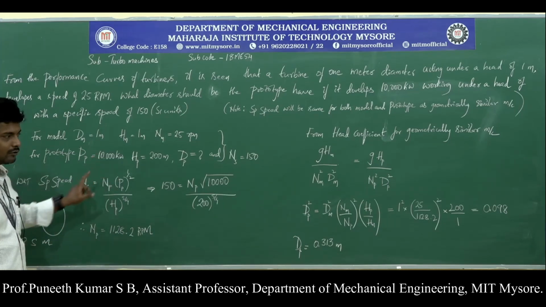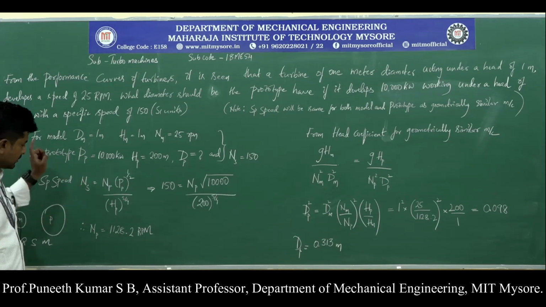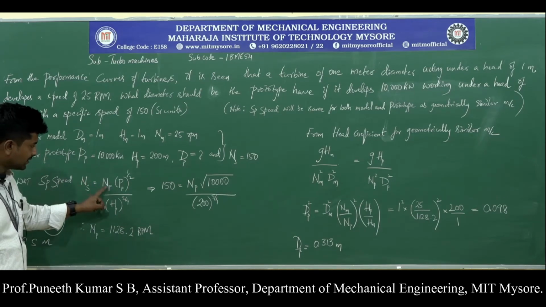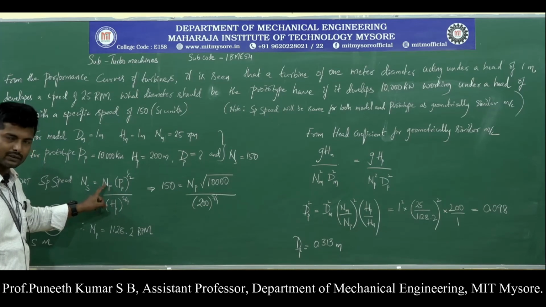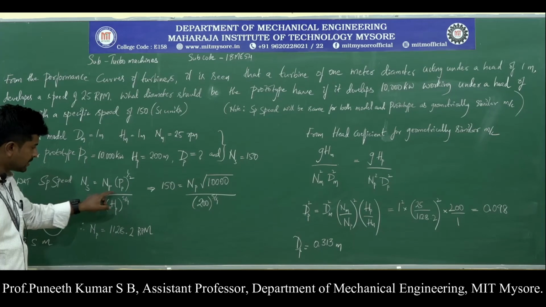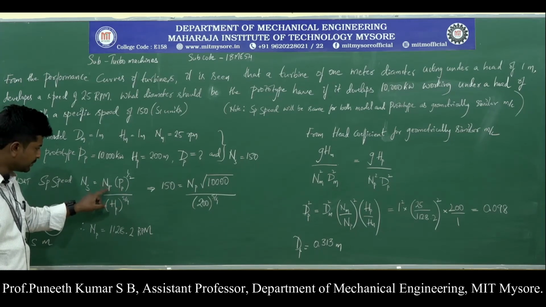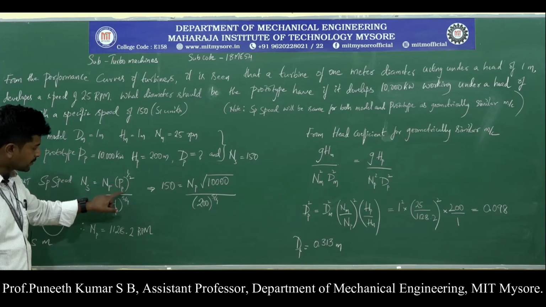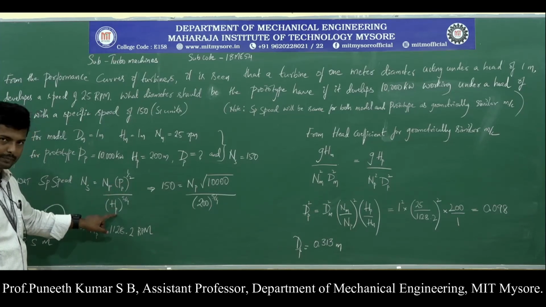Next is the specific speed, which I am about to use to find the speed of the prototype, that is the RPM of the prototype. Here P means prototype: the speed of the prototype machine, the power of the prototype, the head of the prototype.